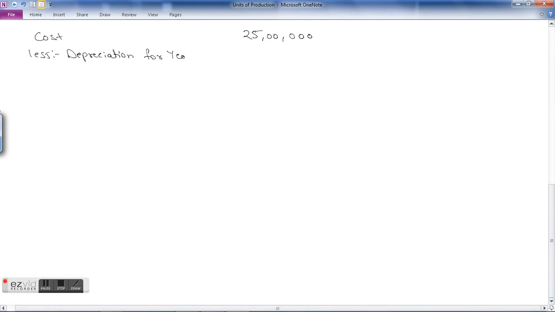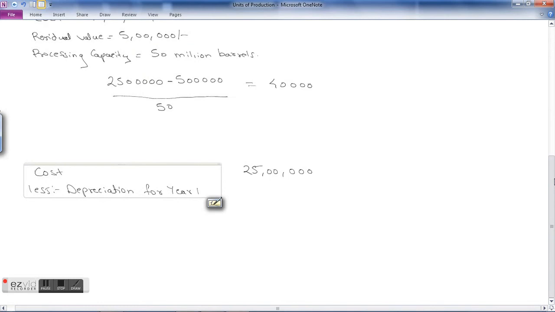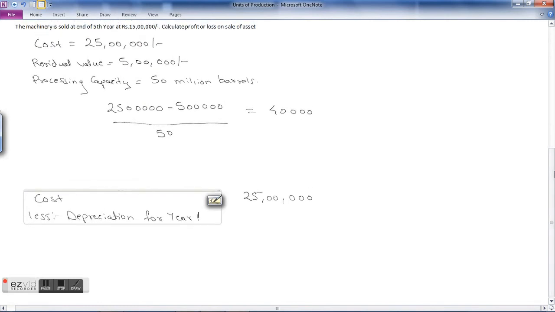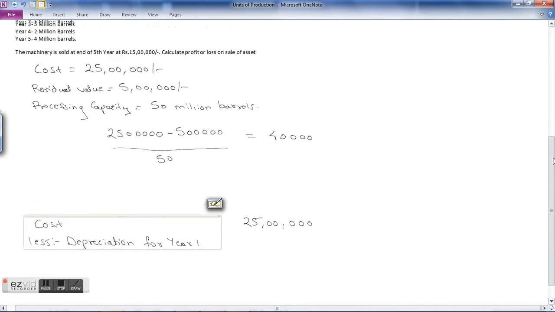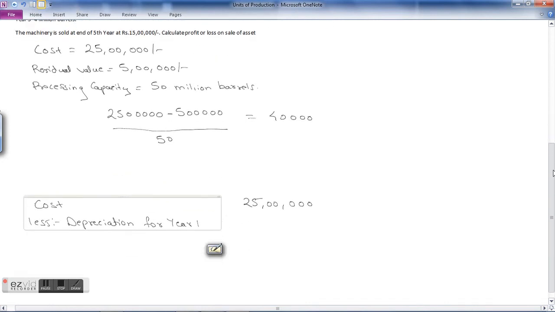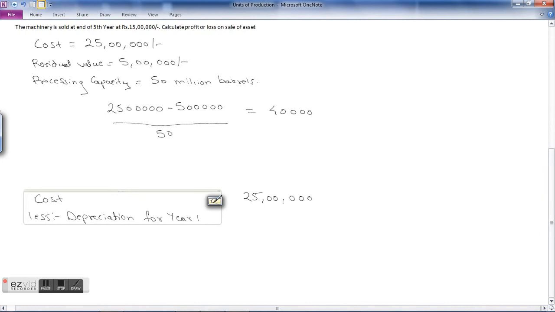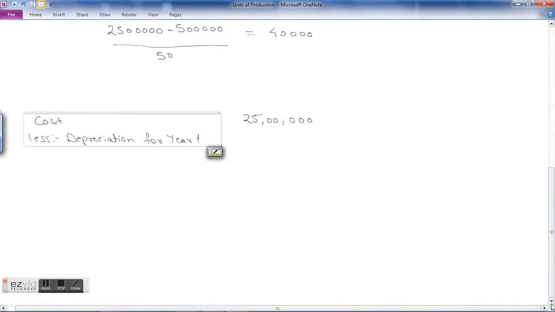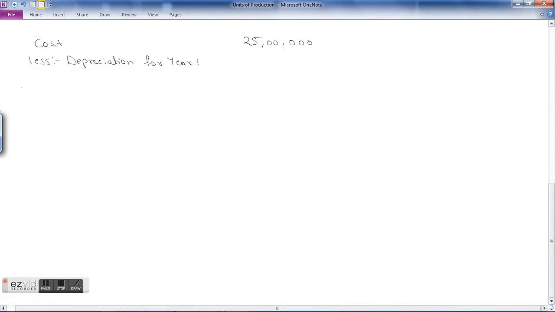Here we have already calculated the depreciation for 1 million barrel, that comes to 40,000. So in first year the production was 2 million barrels, so the depreciation will be 40,000 into 2, that comes to 80,000.